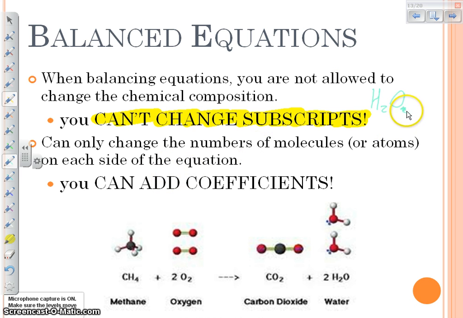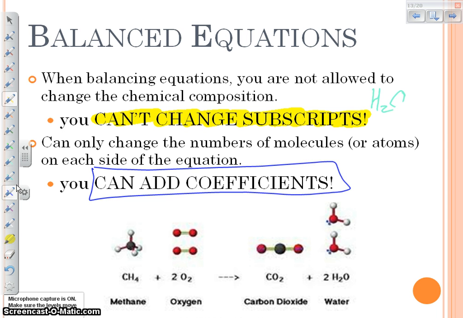The only way that I can go through and actually add a given atom of oxygen is by adding a coefficient. So if I want another oxygen here, I've got to add a 2, and that's going to double not only my oxygens, but it's going to double my hydrogens as well. I can't change the chemical composition. I can change how many individual molecules are involved within that reaction on the side of the equation.